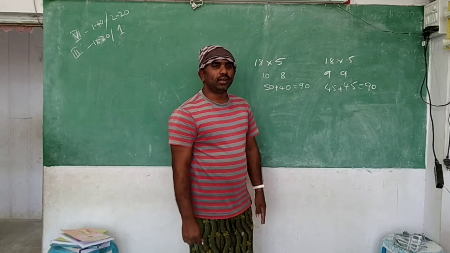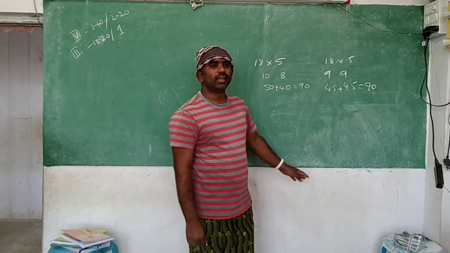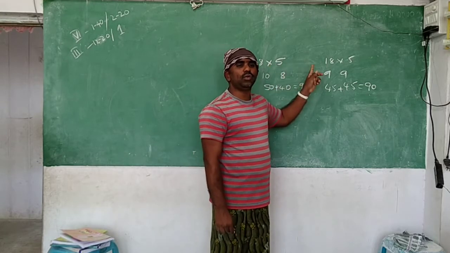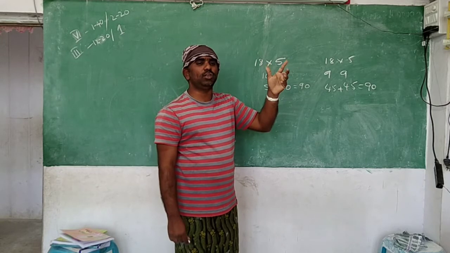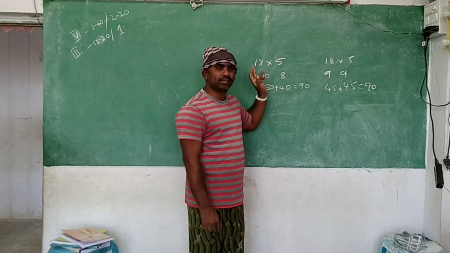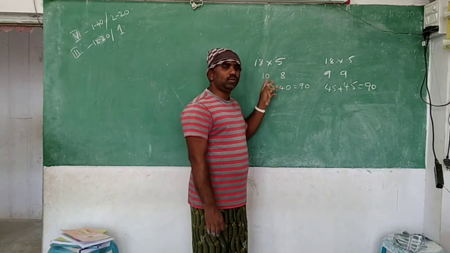Do you understand? If you have big numbers, you will split them, meaning you will change them to small numbers like this. Then after, you will add.